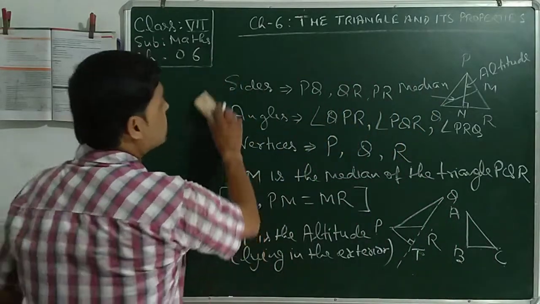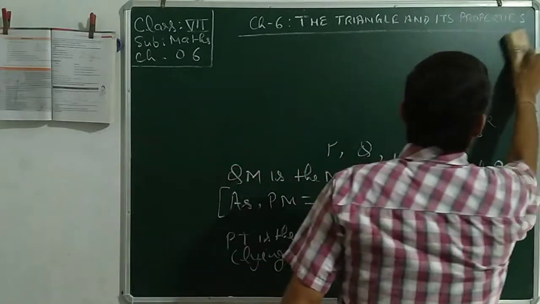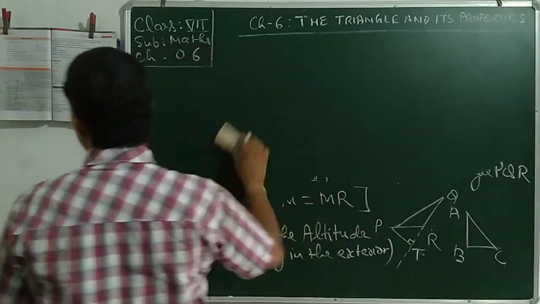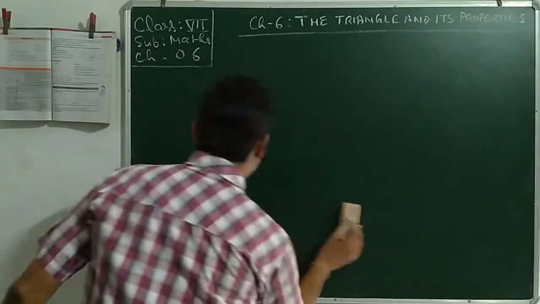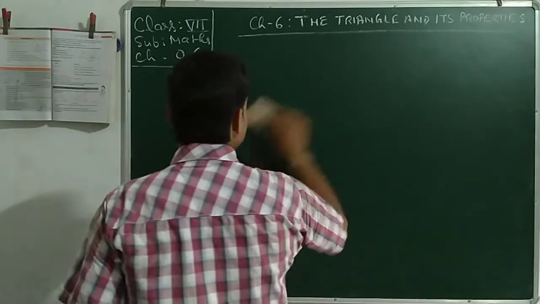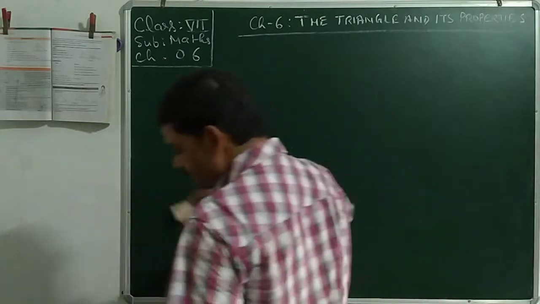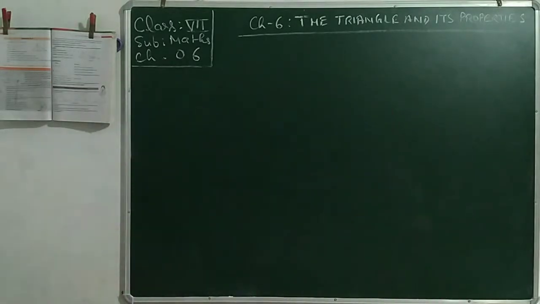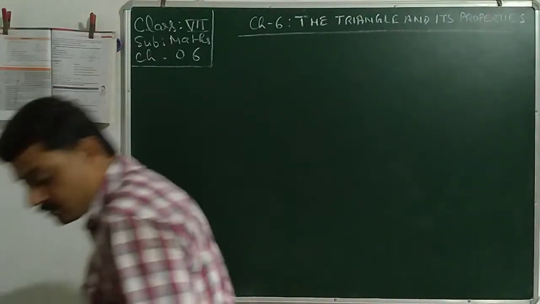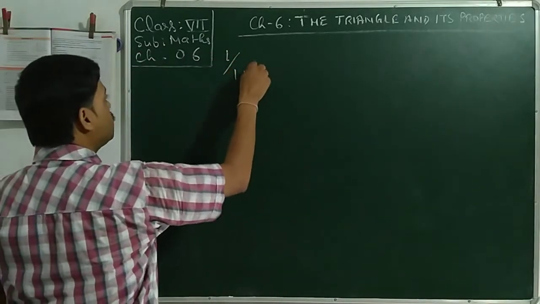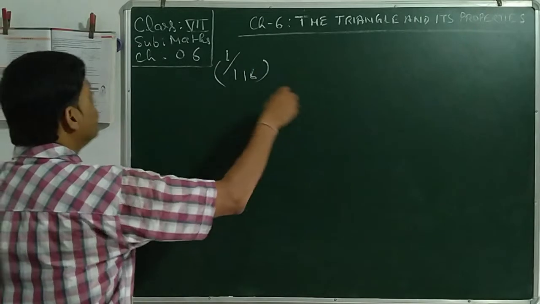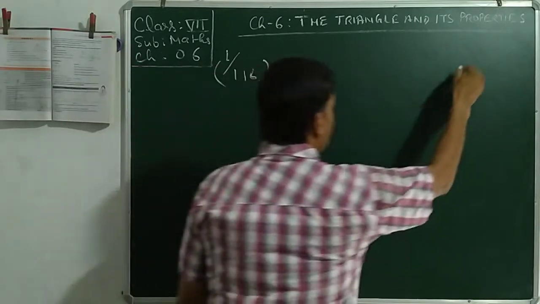See exercise 6.1. That is on page number 116 of your NCERT maths book, and the first sum is there. The 1 number sum from page 116. One figure is drawn there.